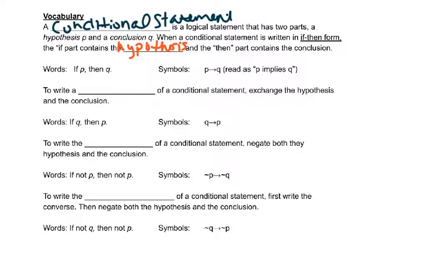So if you're going to use this in words, if P, then Q, and the symbols are P and then an arrow going to the Q, and it's read as P implies Q.